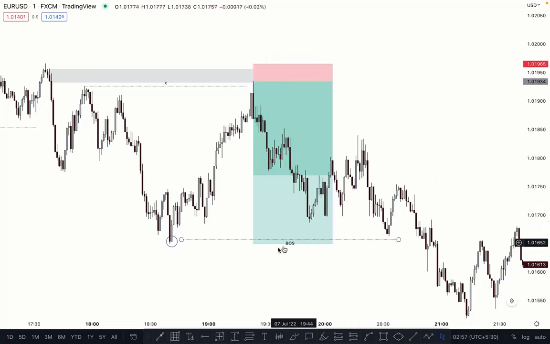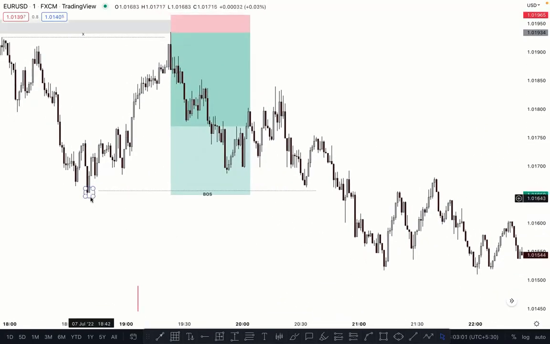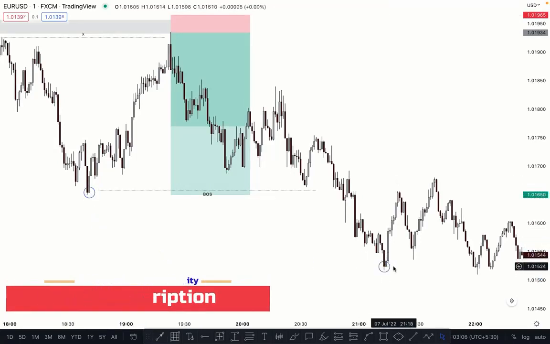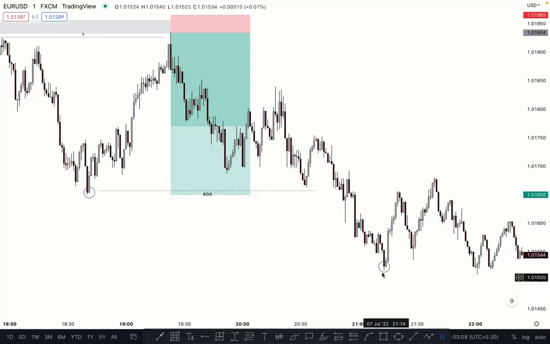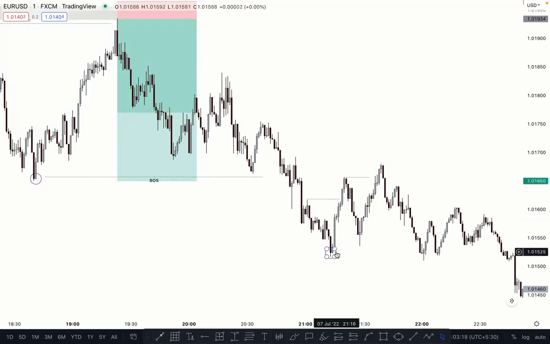Okay. So we break this structure, and where is our low? Which is here. And this is our new low, and we confirm this low. Why is this a confirmed low? Because it took liquidity. And after taking out this liquidity, where is our lower high?